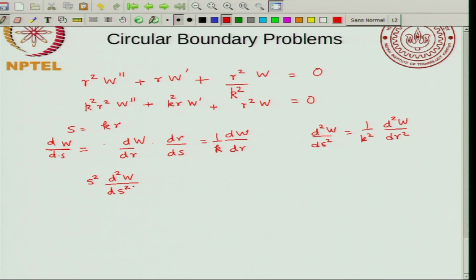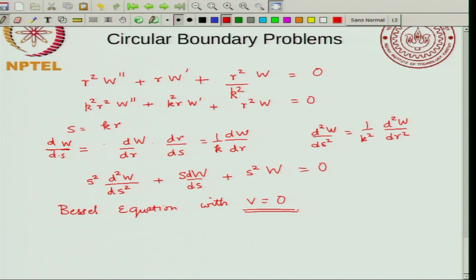You substitute this and do some cancellations and you end up with a very nice looking equation, with a term that looks like plus s square w equal to 0. And this is nothing but the Bessel equation with v equal to 0.